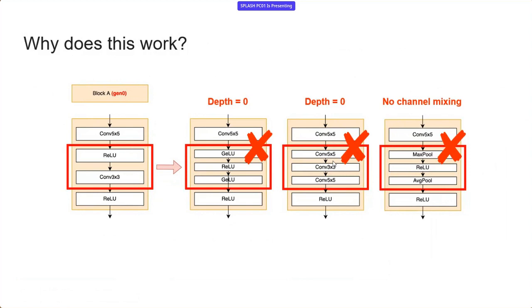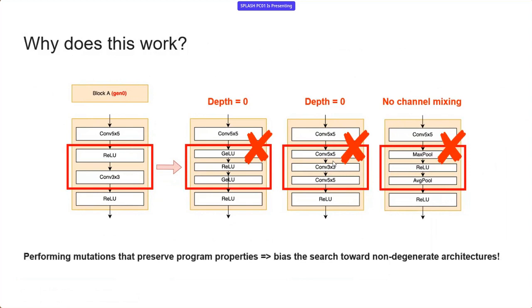And so at a high level, the reason why our abstractions are helping is because they're essentially allowing us to identify, using static analysis, when the mutation doesn't actually give you a neural network. And so by performing mutations that preserve the program properties, this will bias our search towards the non-degenerate architectures.